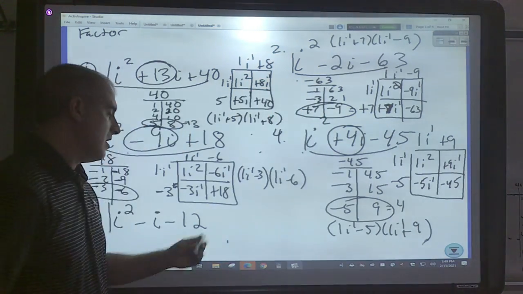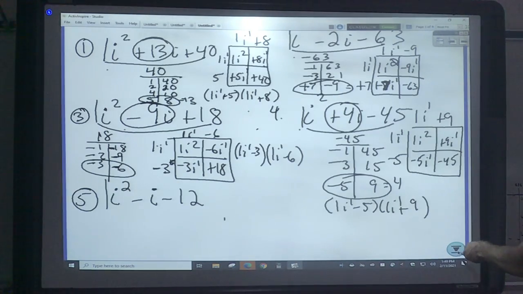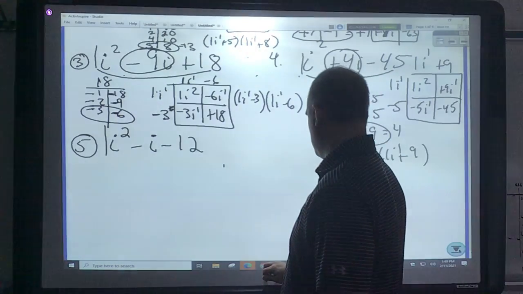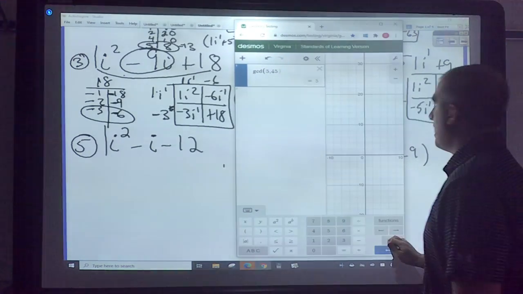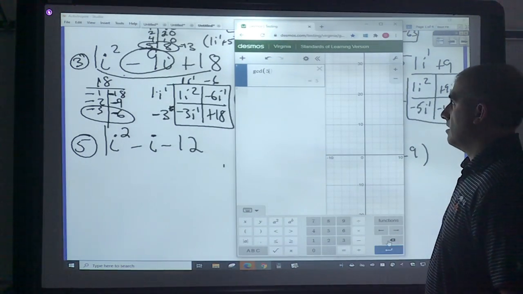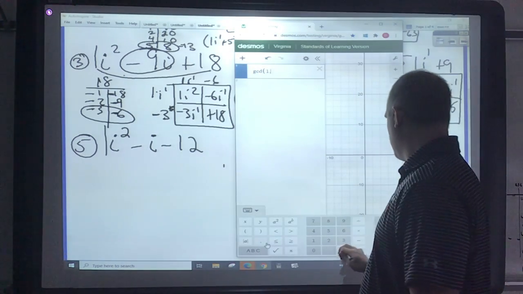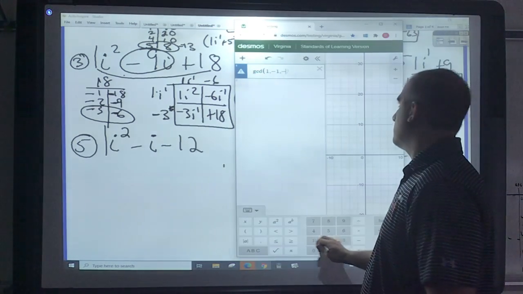Want to throw one more example in here. Okay, I got 1, -1, and -12.